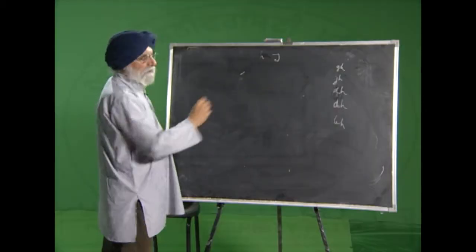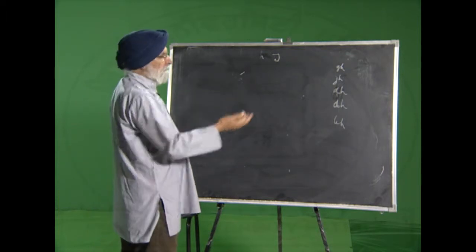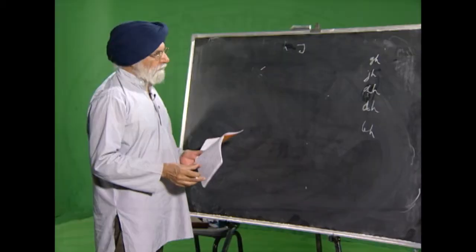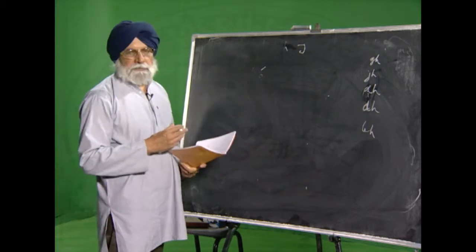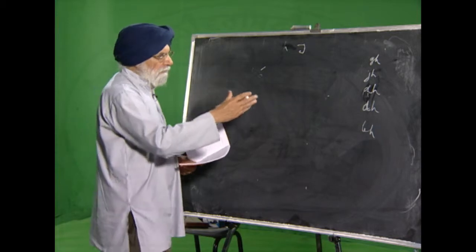See, this is the usual transcription that you will find in books or even in journals or newspapers. Why is it so? Because these sounds were there in Sanskrit or they are there in Hindi, but they are all gone.